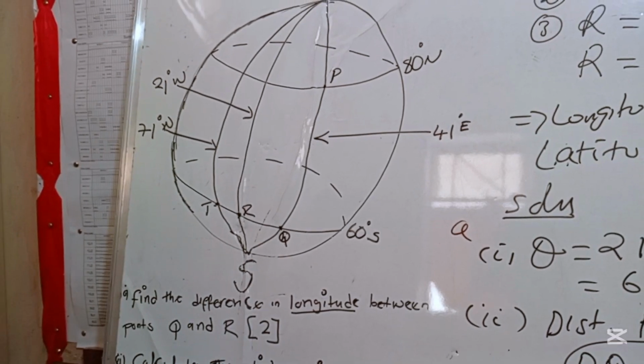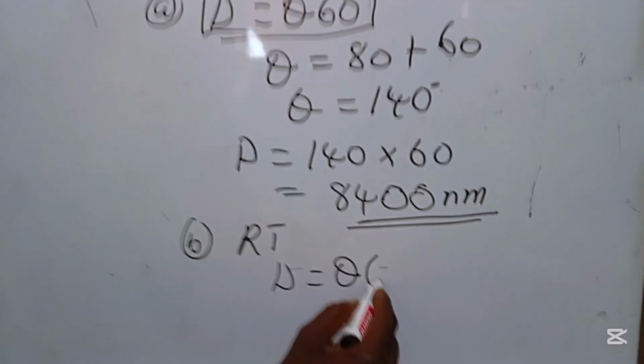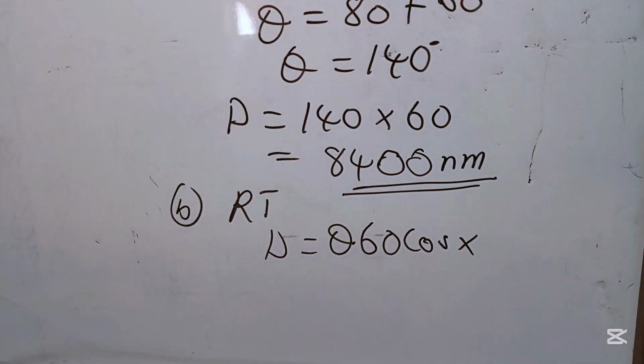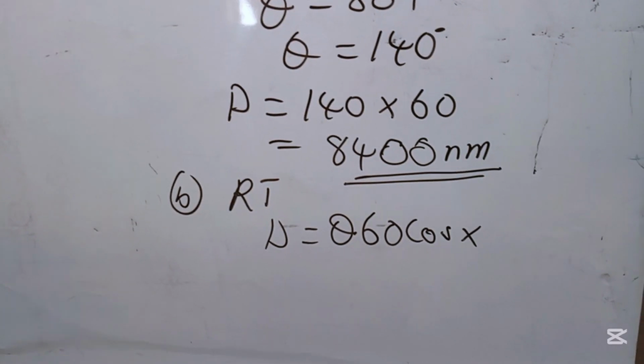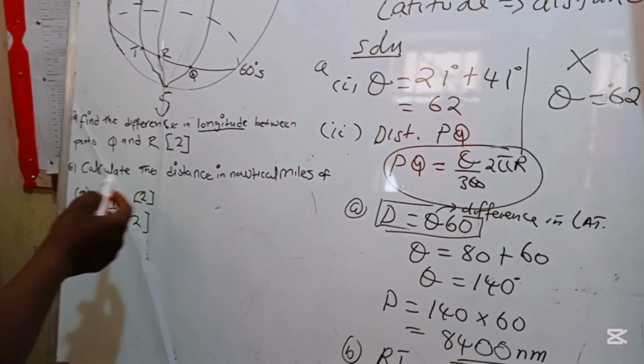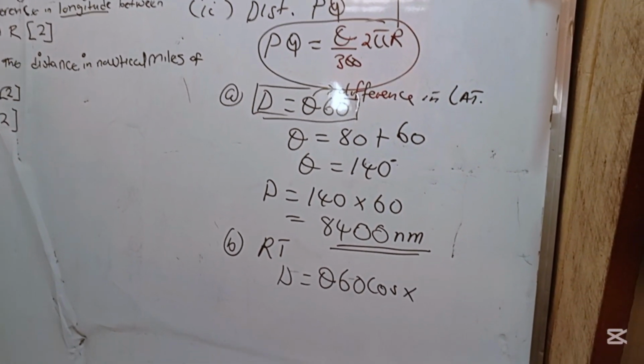It is along the latitude, 60 degrees south. So, ladies and gentlemen, with our new formula, we just say theta times 60 cos. You have to insert where those two points are lying. R and T are on 60, so that is cos 60 here. What is their difference?